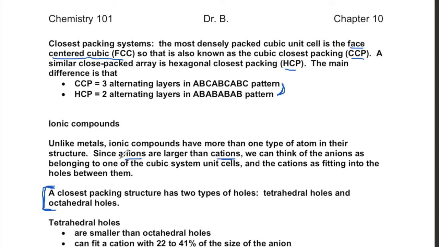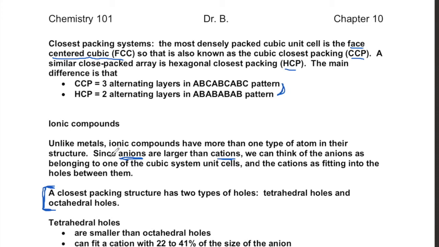In general, anions are usually larger because when you gain electrons, remember, you increase the atom in size, whereas losing electrons and becoming a cation makes the atom decrease in size. I mean, there are exceptions.